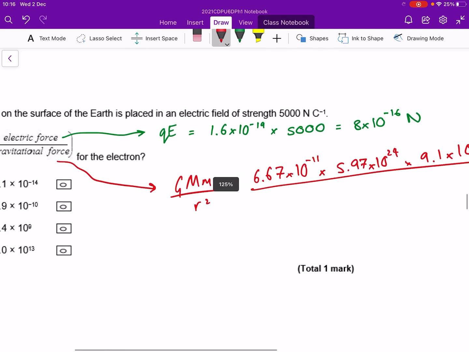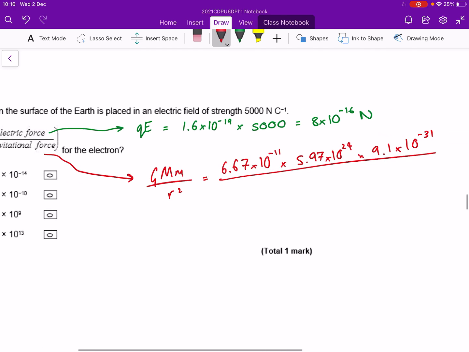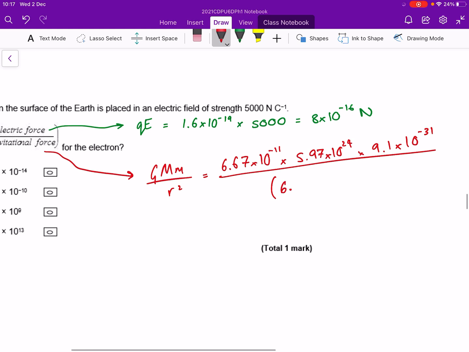Distance between them is going to be the radius of the Earth, and this is one I can't remember off the top of my head. Hang on, where's my data sheet? 6,000 kilometers, yeah. So it is 6.37 times 10 to the 6, squared.